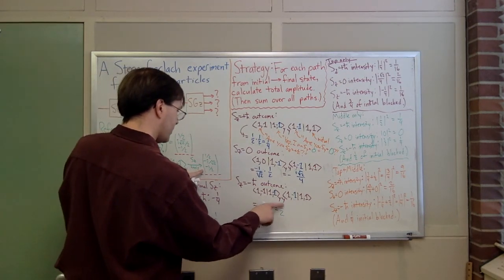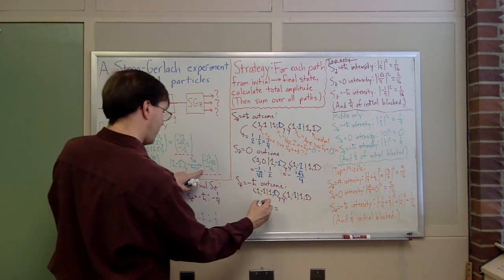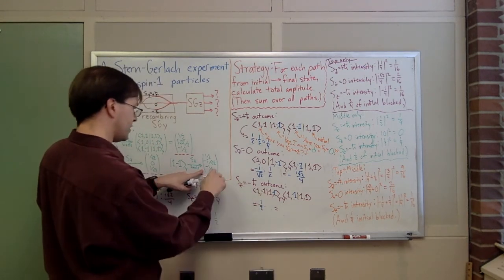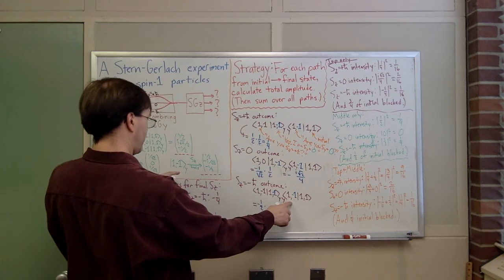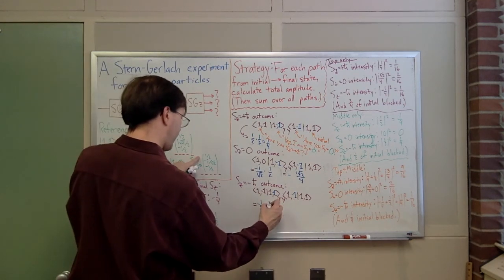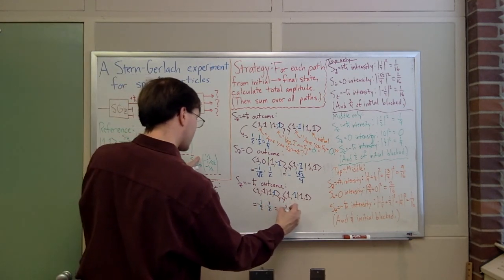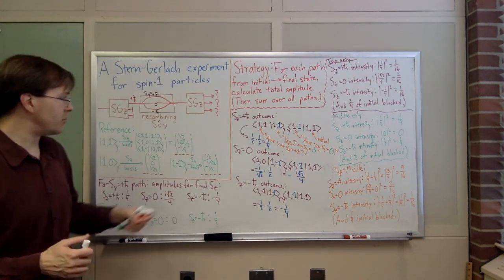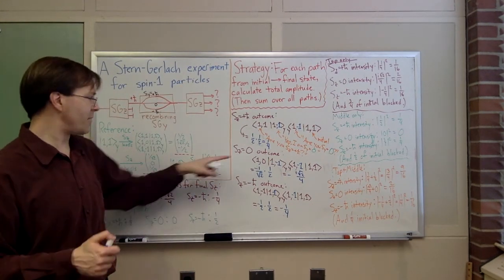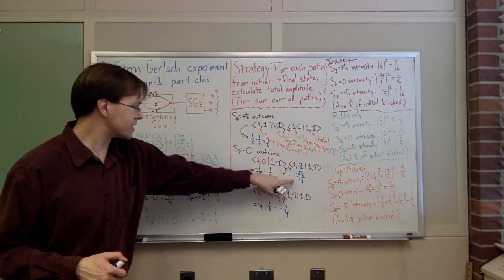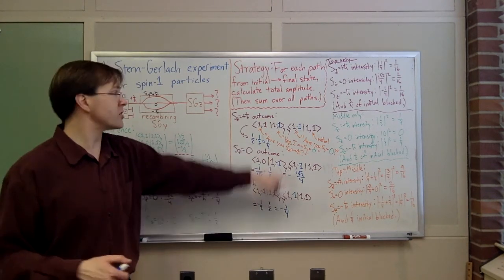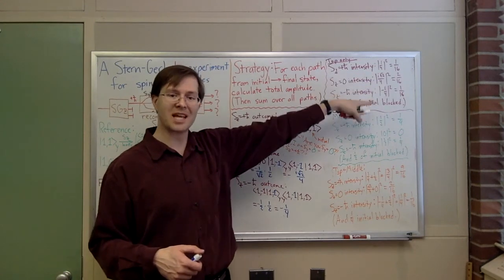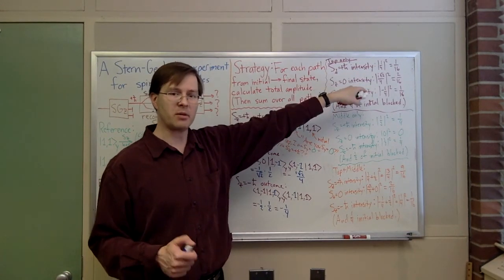I get minus 1/2 times ⟨1,-1|y with |1,1⟩z. That's up here, times 1/2 is minus 1/4. Again, I've got these amplitudes, and if you squared them, remember, this is going to look just like the top path. We're going to get 1/16, 2/16, 1/16 if we do absolute squares, just like we had up here. It would be the same intensity profile as the top beam would have been.